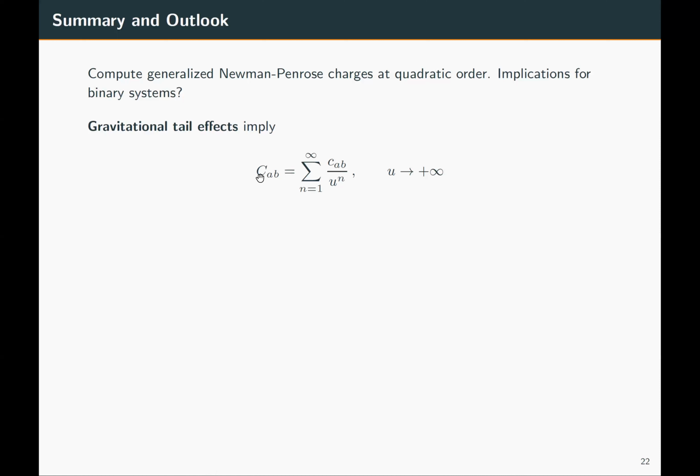You can show that these tail effects, expanded at large u, take this form. You see that there is every negative power of u from n equal 1 to infinity. This behavior leads to simple poles in the Mellin transform of the news at integer values.